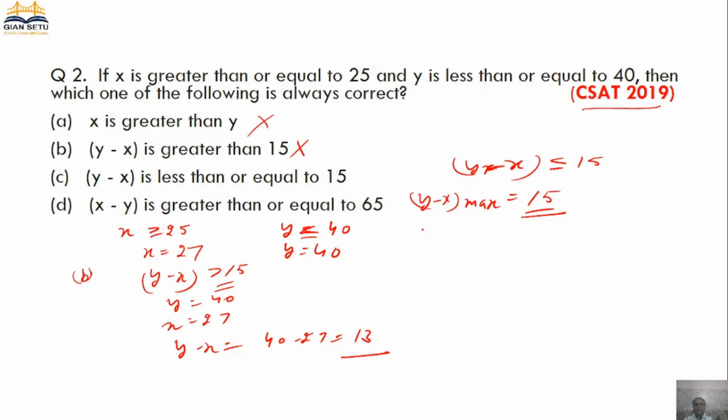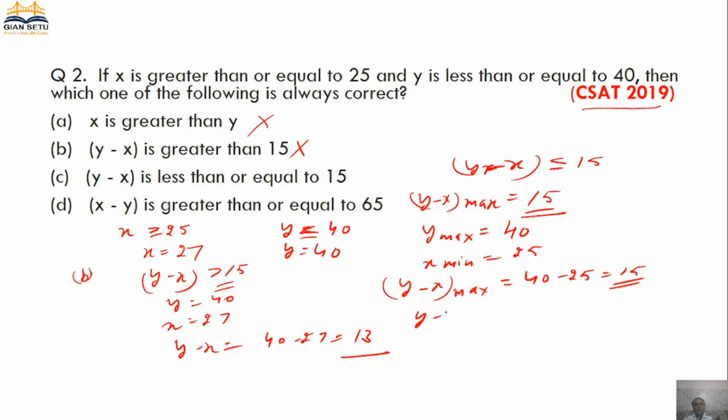Now y maximum is 40 and x minimum is equal to 25. So y minus x will be maximum, that is 15. That means y minus x is less than or equal to 15. So this statement C is always correct.